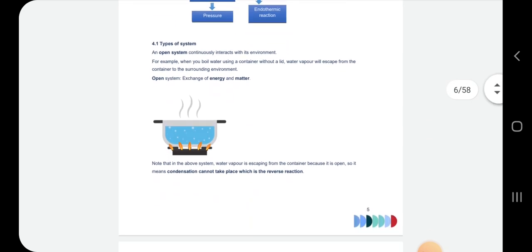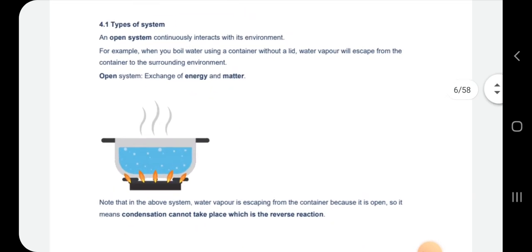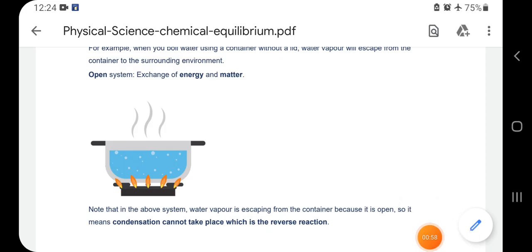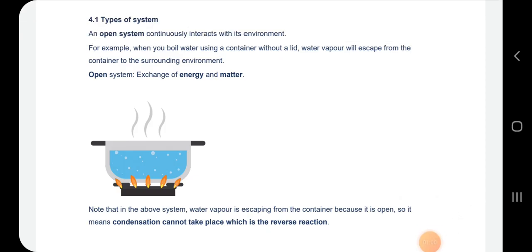We have types of systems, right? There are two types of systems in chemical equilibrium. We have the open system, which constantly interacts with its environment.